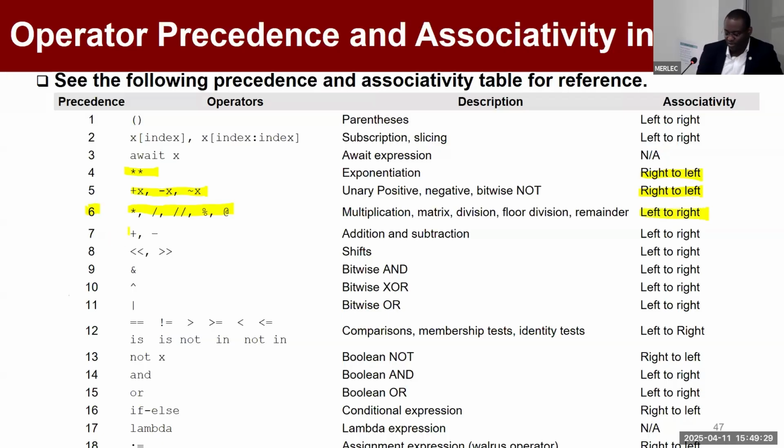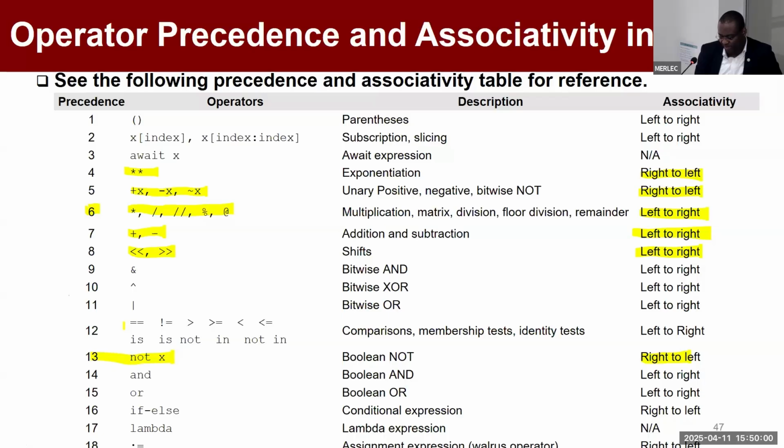You have plus and minus, same, lower precedence compared to division and multiplication. They are associated from left to right. You also have the shifts at level 8, with association left to right. Most of them are left to right, except this one, not, which is associated from right to left.